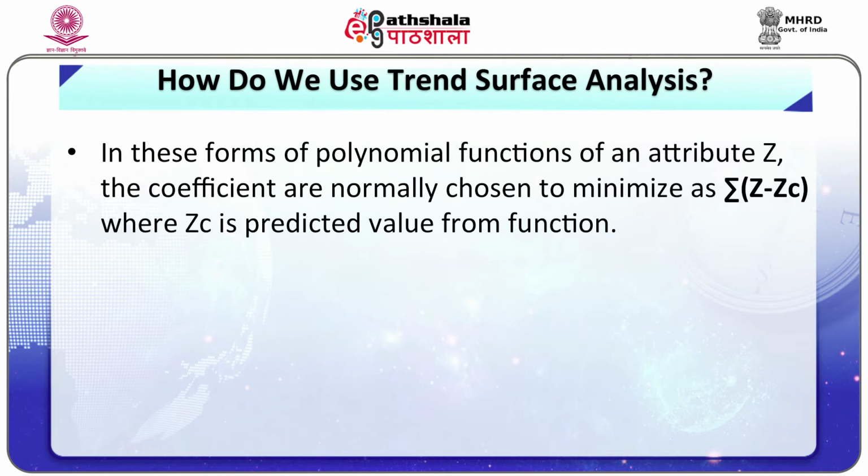In these forms of polynomial functions of an attribute z, the coefficients are normally chosen to minimize the summation of (z minus zc) squared, where zc is the predicted value from the function.